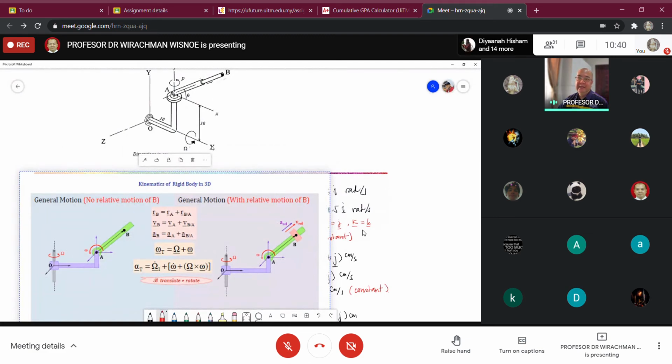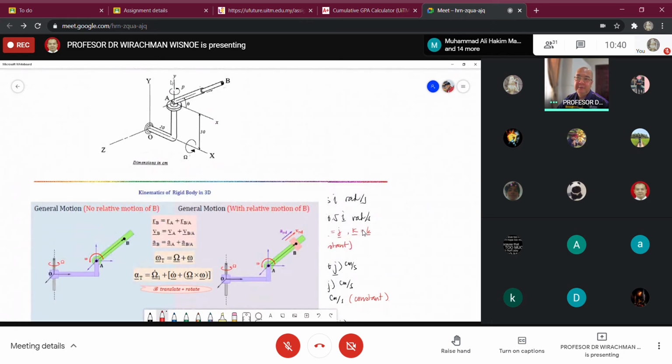In this case, the rotation is about X. In this diagram, rotation is about the vertical, but we have one rotation to the fixed axis. Then we have another rotation to the relative, to the moving frame, small y. In this case, we have the rotation with respect to the axis going out from the screen. And then we have one translation, B. Here we have also one translation.